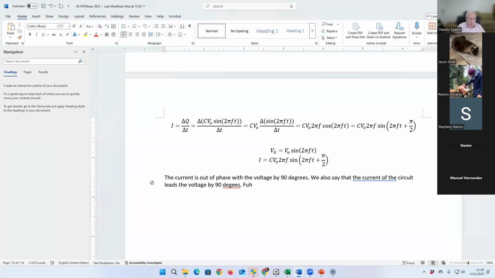Furthermore, note that the amplitude of the current is a function of the frequency of the generator. It increases, right? It increases.